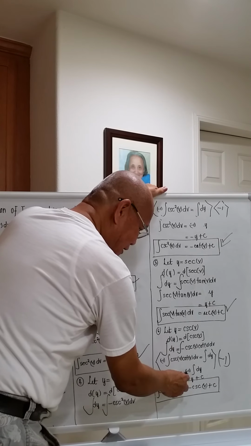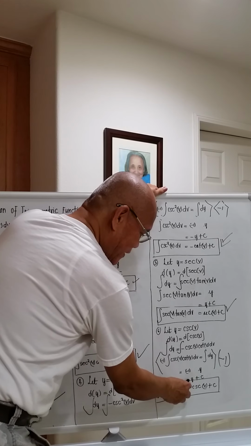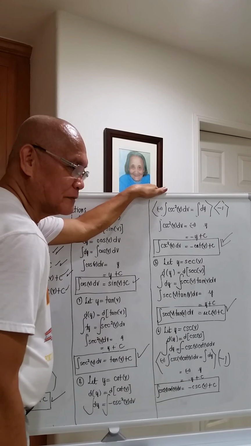It should be negative the integral of dy, or just simply negative y. Negative y plus c. It's not a magic. We bring the negative sign on the right by multiplying all the terms by negative 1, right? But what is y? Y is cosecant of b. So in general now, the integral of cosecant of b cotangent of b db equal to negative cosecant of b plus c. That's actually formula number 6.